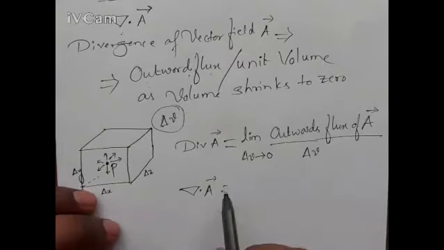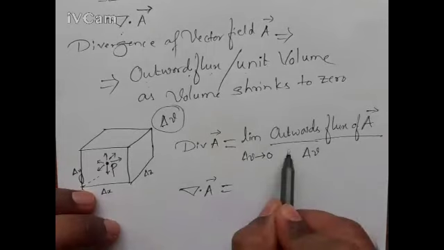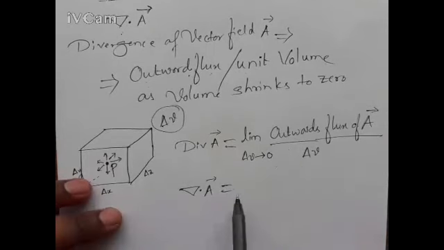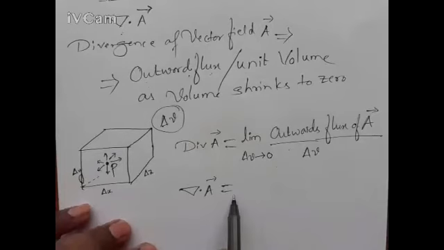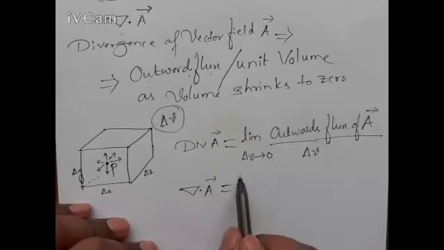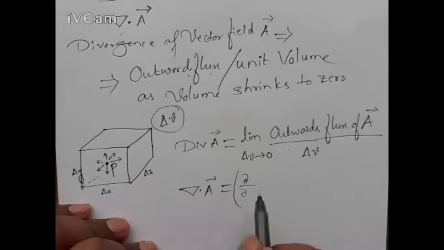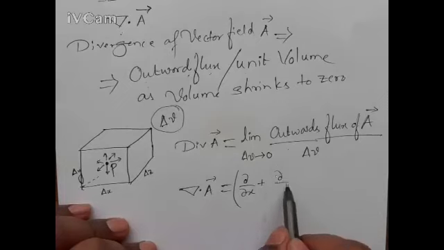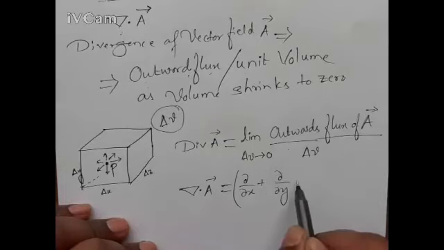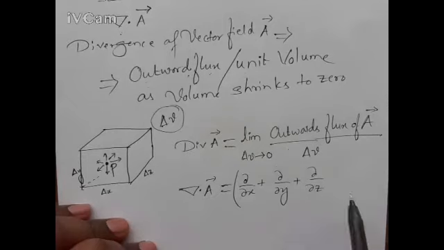And this del dot A is one definition. So what is del? We know del is like this: i dou by dou x plus j dou by dou y plus k dou by dou z.